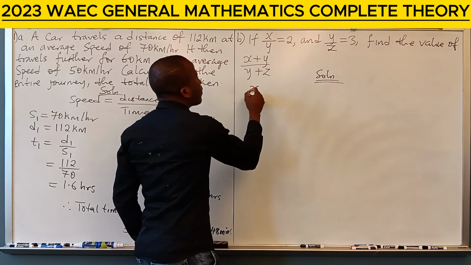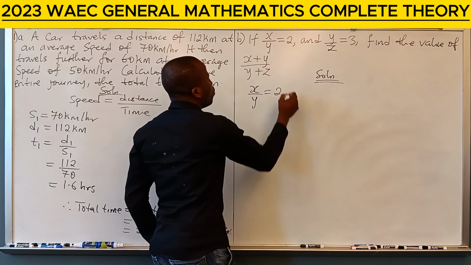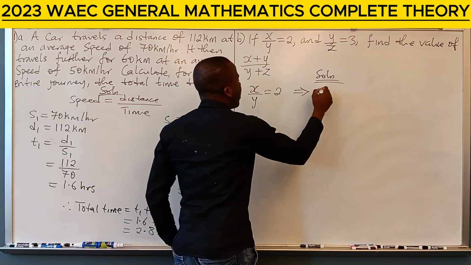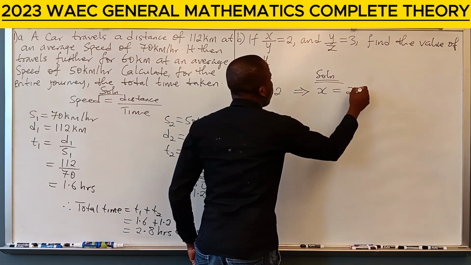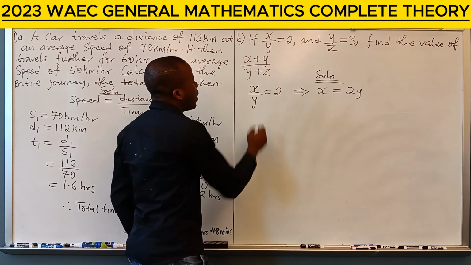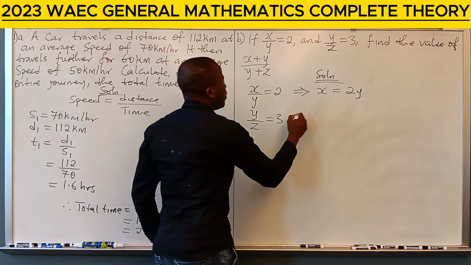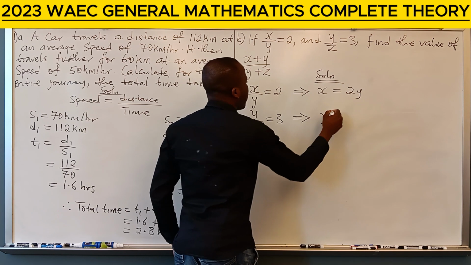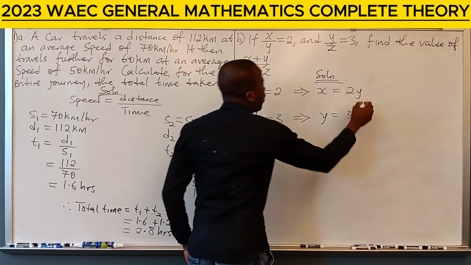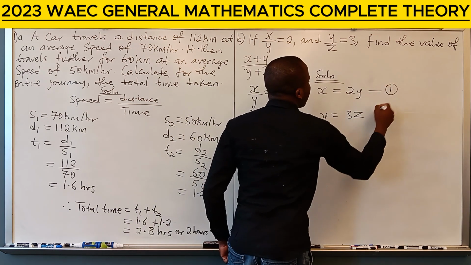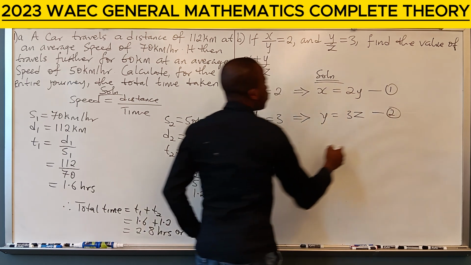So if x over y is 2, it implies that x is 2y. Likewise, if y over z is 3, it implies that y is 3z. Let's call this equation 1 and call this equation 2.